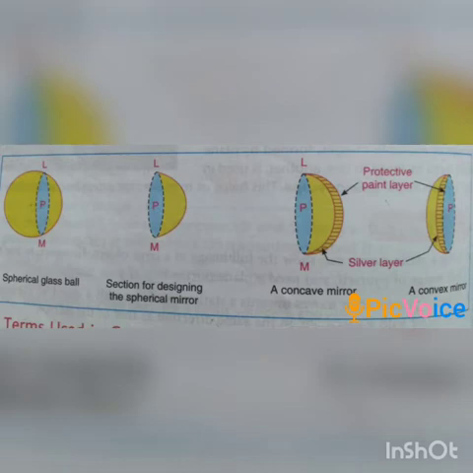This is unlike the case of a plane mirror, where we get an image of the same size as the object. But in this, for example the stainless steel spoon, sometimes the image appears bigger and sometimes it appears smaller.